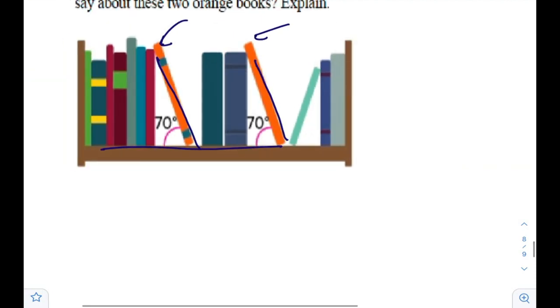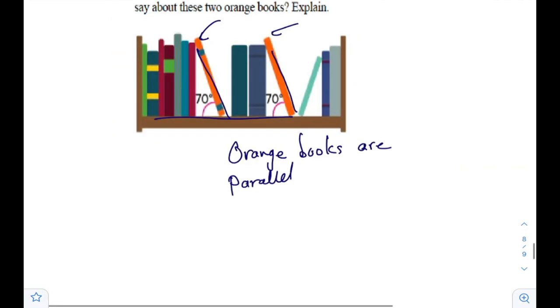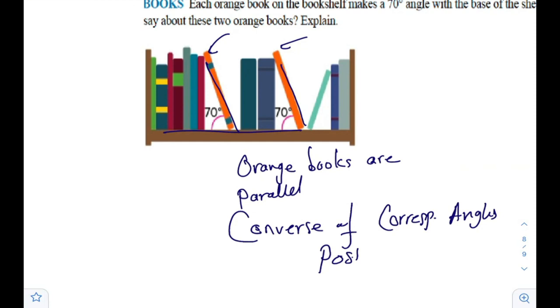So that means the orange books are parallel because of the converse of the corresponding angles postulate.